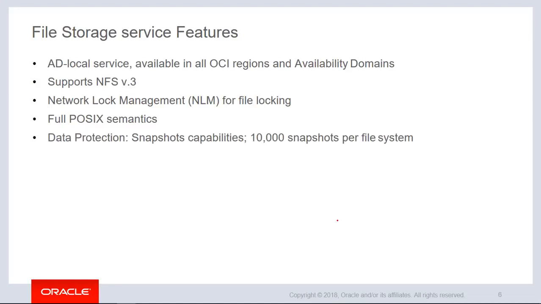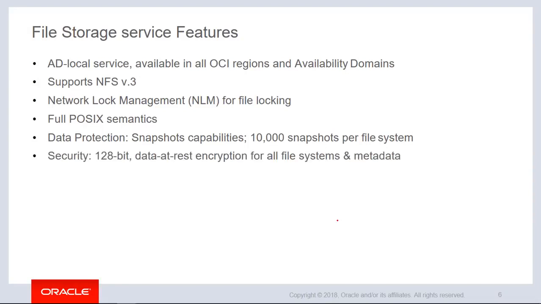For data protection, you could use a feature like snapshots, and you can create up to 10,000 snapshots per file system. For security, we do encryption at rest out of the box, so you don't have to do anything. It's done for data at rest for all the file systems and metadata.